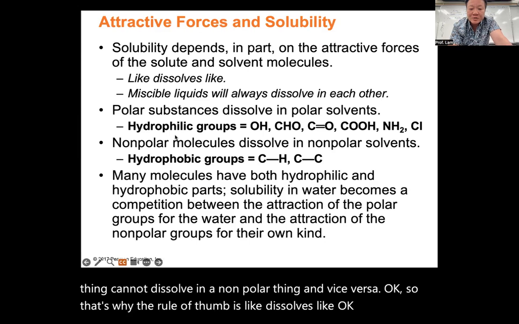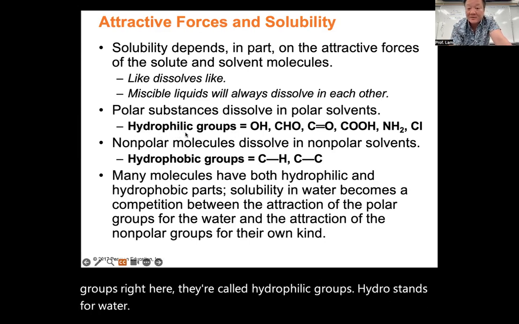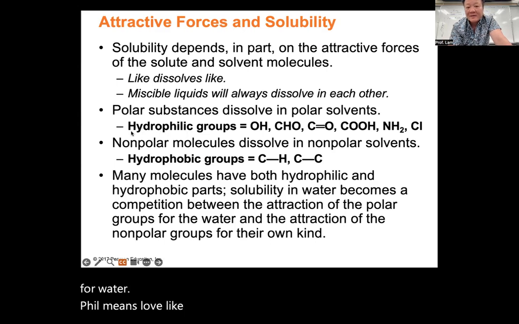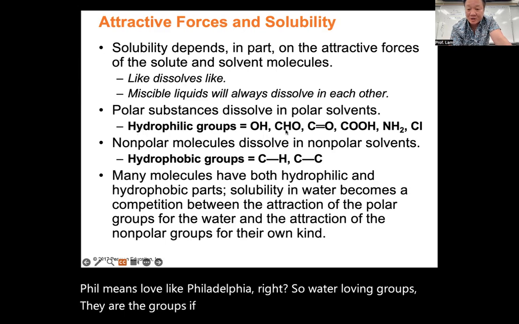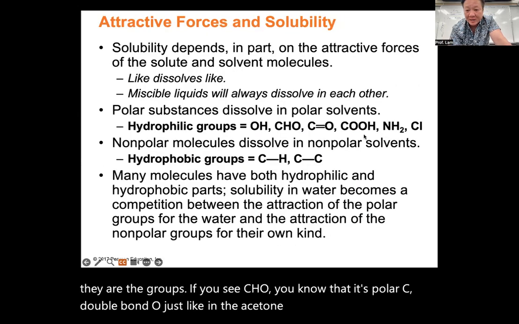Okay, so these groups right here are called hydrophilic groups. Hydro stands for water. Phil means love, like Philadelphia, right? So water-loving groups are the OH groups. If you see CHO, you know that it's polar. C double bond O, just like in the acetone here, is polar.